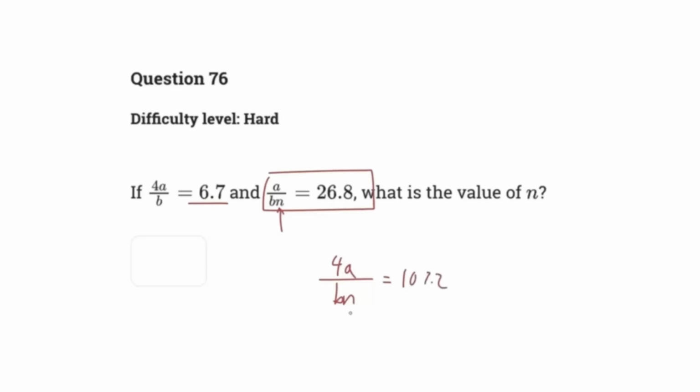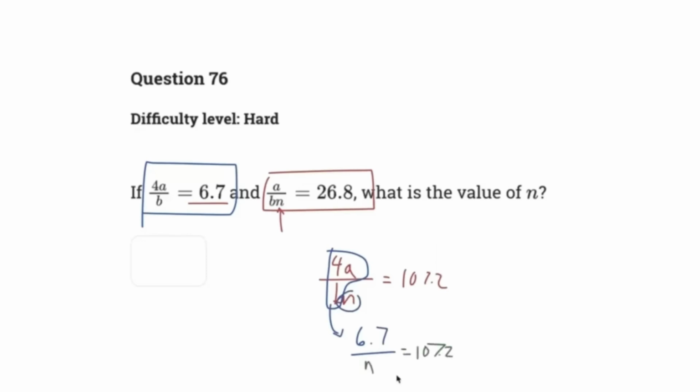Alright, so now it's just time to simplify, right? So what value of n would make this true? Well, because we don't actually know what the value of a or b is, we have to infer that based on our given information. We know 4a over b is 6.7, and we have 4a over b in our equation. So this simplifies to just 6.7 over n, which is equivalent to 107.2.